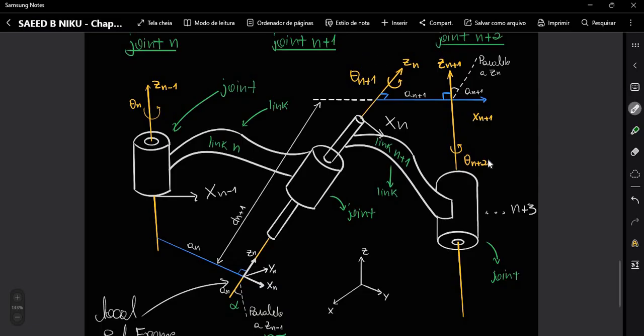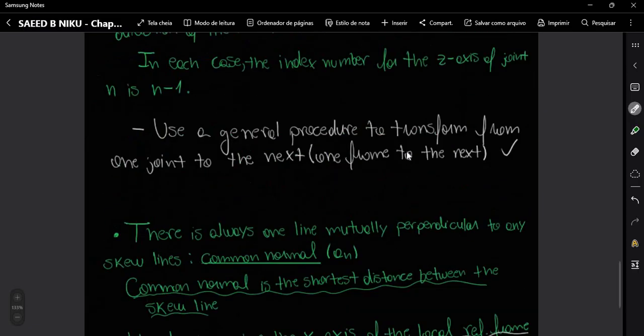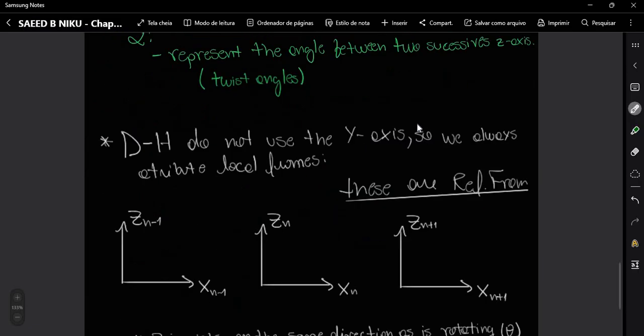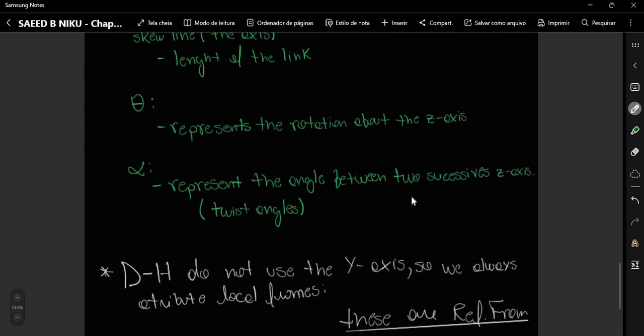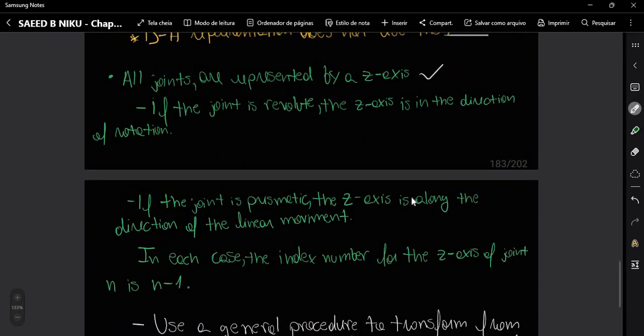This will make xn parallel to xn plus 1. So let's check this.